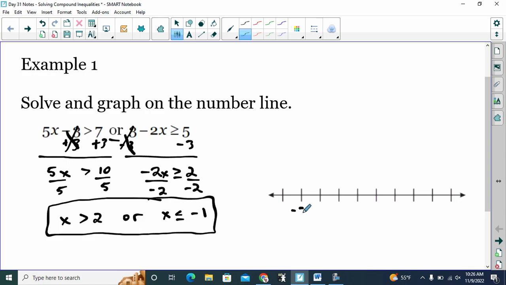We move over to our graph. And for an or statement, we said that either one of these could be true. So x is greater than 2, any x values greater than 2 make the compound inequality true. So x could be greater than 2. So we shade everything greater than 2, open circle on 2, shaded to the right.